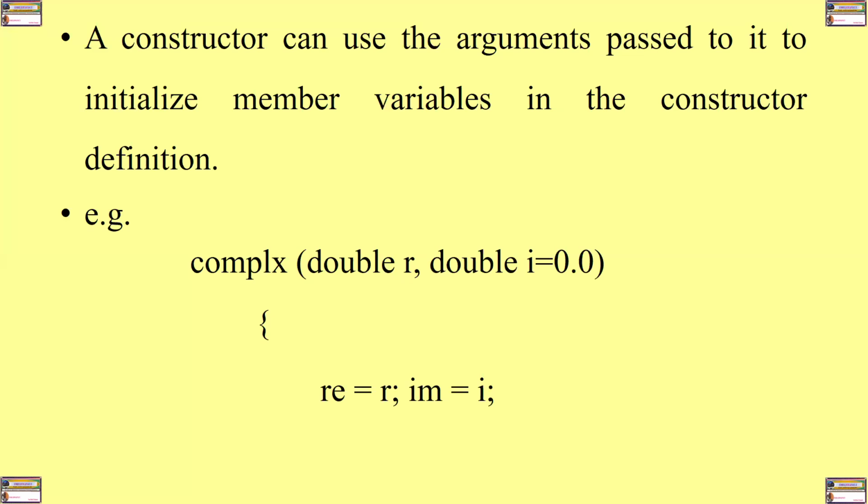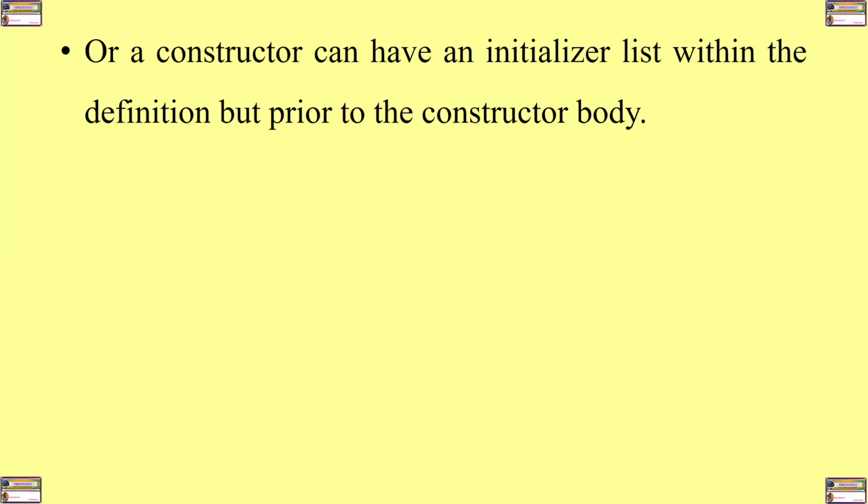This function has the definition as follows: whatever value is received as I is assigned to the member called IM, while whatever is received through parameter R is assigned to a member called RE. And that's how that definition is done.